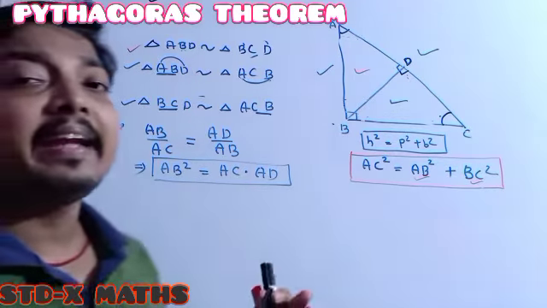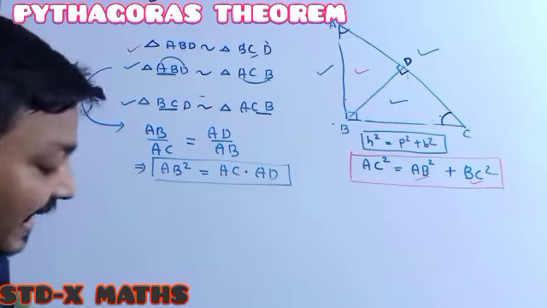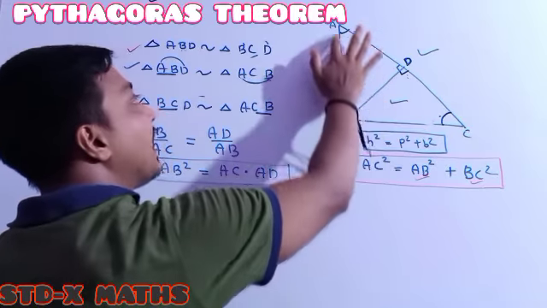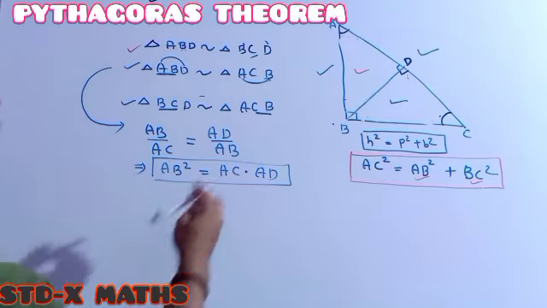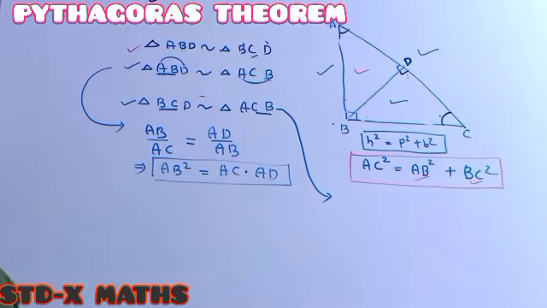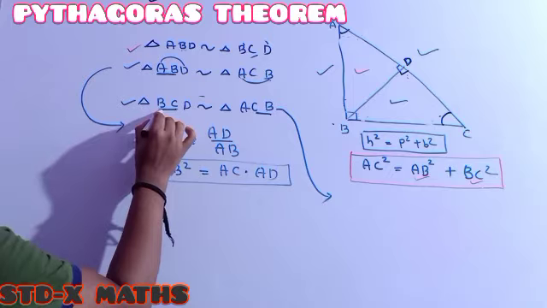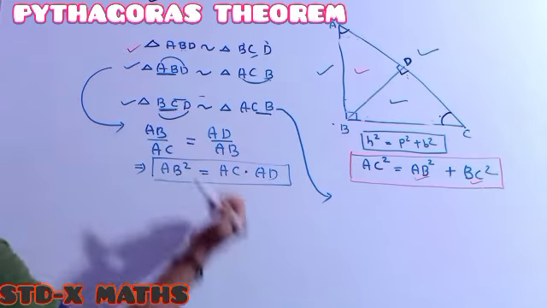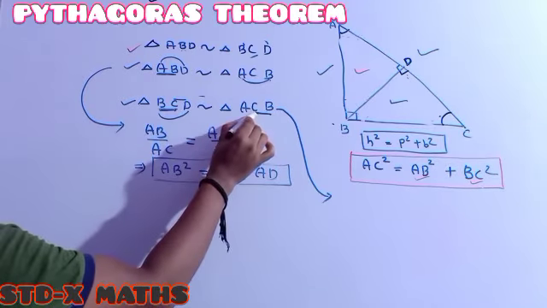Then the second target is our BC square. How to find out the BC square? I have already shown you that BC square you can find out from this little triangle and this larger triangle. See how to find out the BC square. Here it is first and second; the three sides are first and second, second and third, and first and last. Here it is first and second having BC, and here it is second and third.